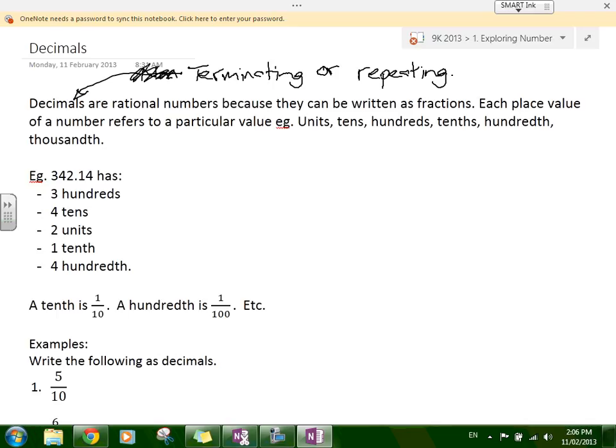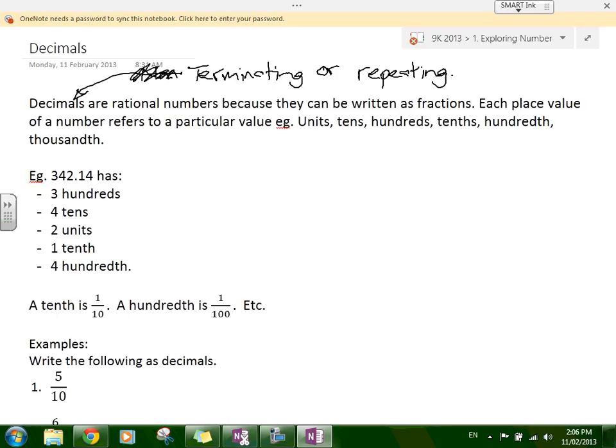Our system is called a decimal system. It's based around 10. You count from 1 to 10, and then you go up the place value. It sends you back to 0, and then you recount from 1 to 9 again, and each place value shifts up. So a tenth is 1 over 10, a hundredth is 1 over 100, etc. Looking back over, any fraction you can write as a decimal.